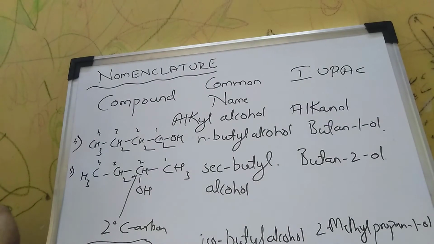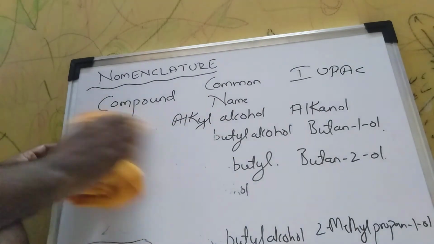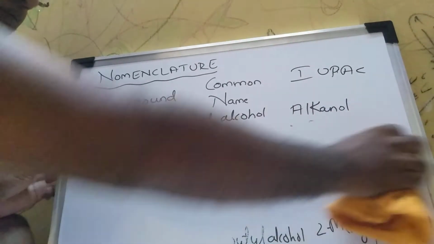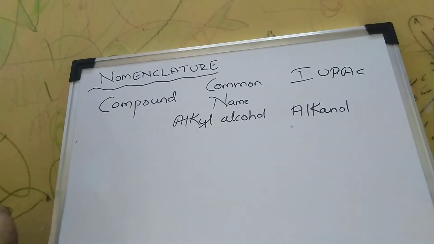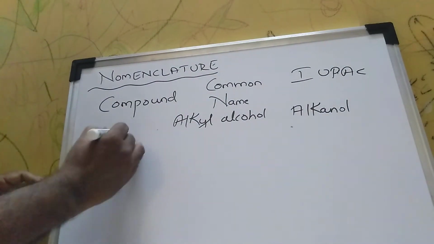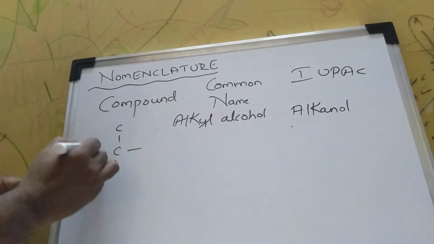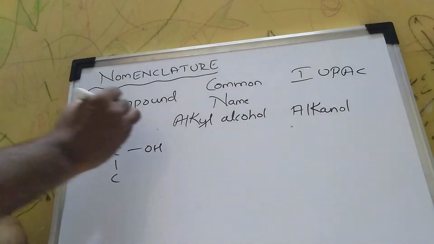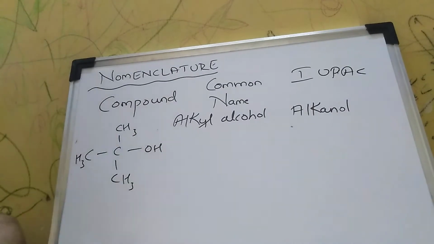Now the next example, one carbon attached to 3 carbon atoms and one OH function. CH3, CH3, CH3. As such we have done this in classification.